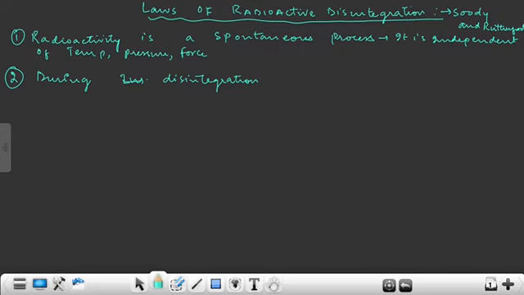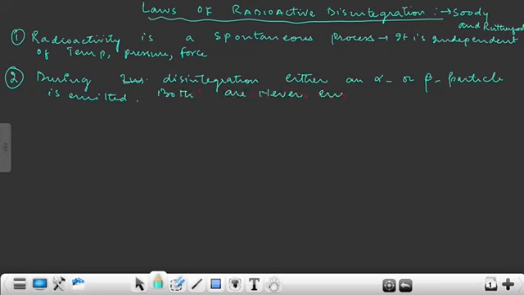Whenever there occurs disintegration, do remember either an alpha or beta particle is emitted. We know what they are, we have discussed these. Both are never emitted simultaneously.